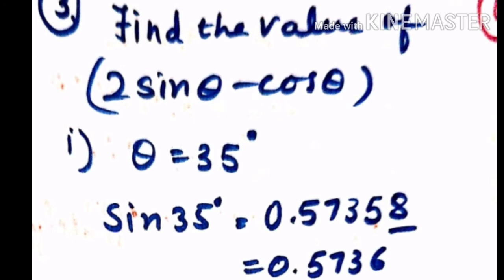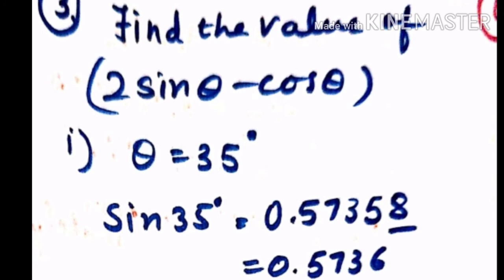Open your natural sine table and see 35 degree from the vertical column, and just next to it you will get 0.57358. By rounding it off, you get 0.5736. This is your sin 35 approximate value.